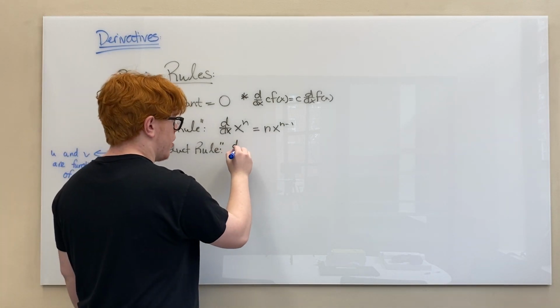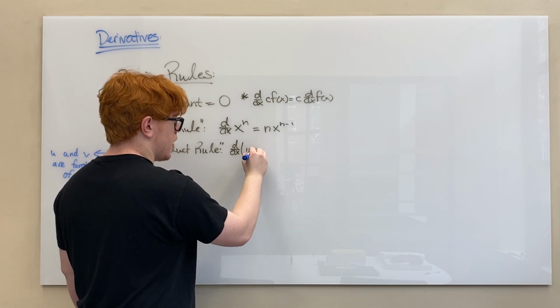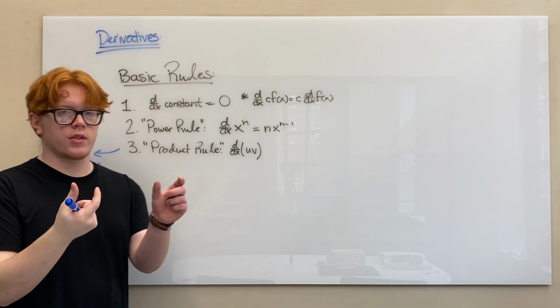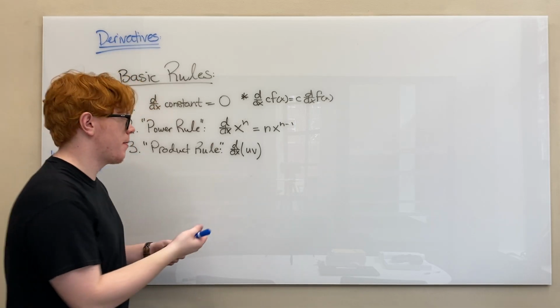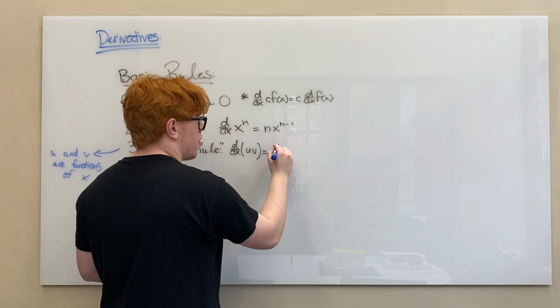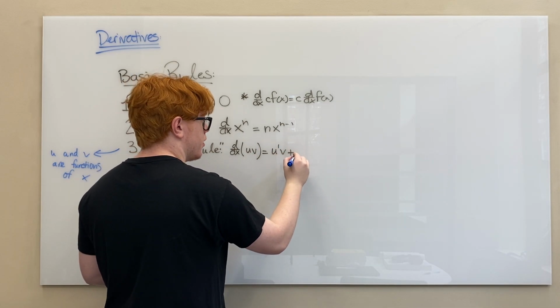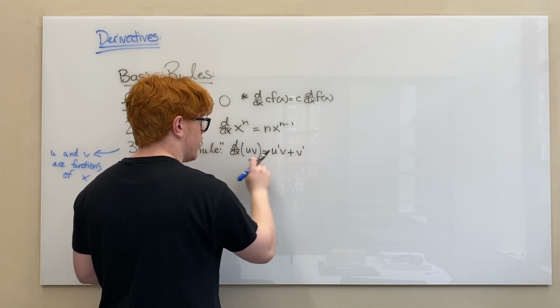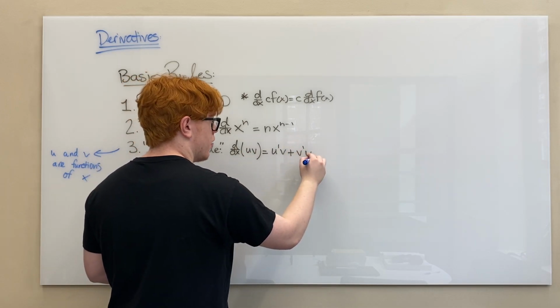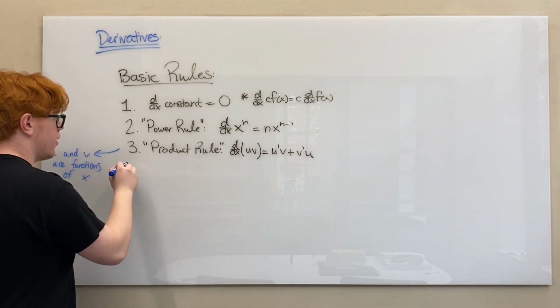So the derivative with respect to x of u v, two functions multiplied by each other, is going to be equal to the derivative of the first times the second plus the derivative of the second times the first. And it's that simple. Again, we'll go over some examples in a second.